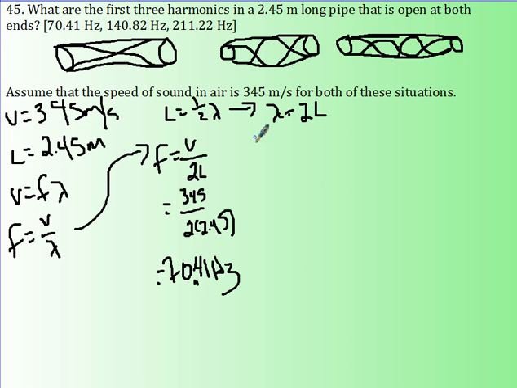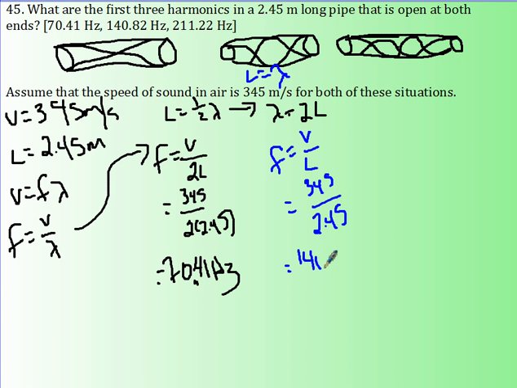For this one, L is equal to lambda. So the frequency is V divided by L. So it's V, which is 345, divided by 2.45. So 345 divided by 2.45 gives me 140.816 hertz.